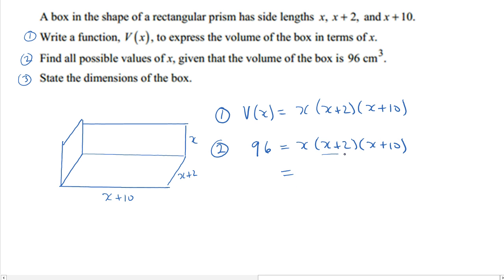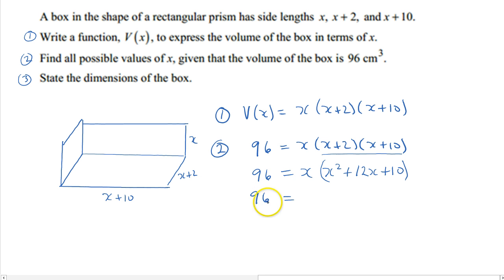So what I need to do is multiply out the right hand side. I think I'll multiply these two terms first. x plus 2 times x plus 10, that is x squared plus 12x plus 10, and then that gets multiplied by x, and this is still equal to 96.